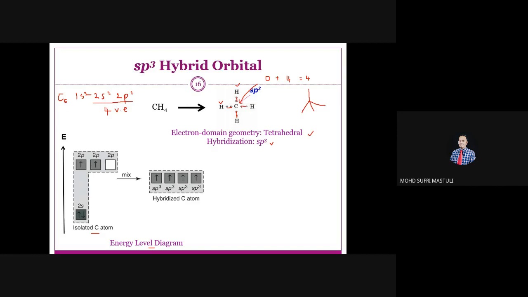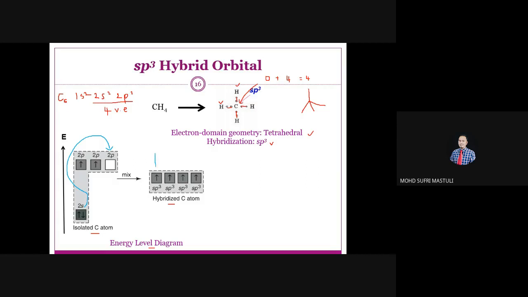Only 2. How about another 2? This is why we have to mix, we have to hybridize. So when we hybridize, the hybridization supposedly is sp3. In order to provide 4 single electrons, we have to hybridize using sp3. So we have to move this electron into here.